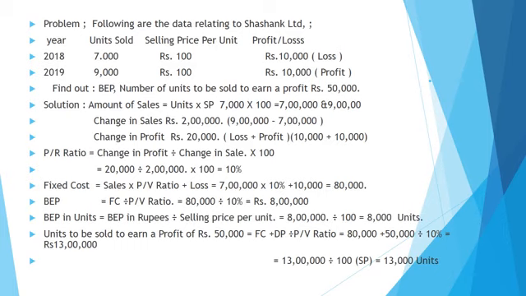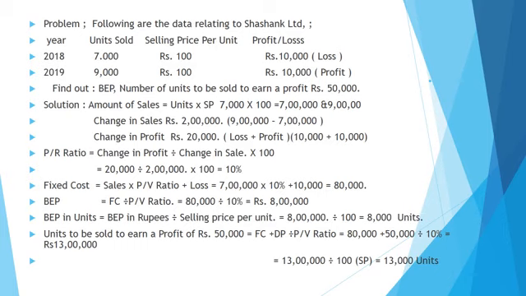Year 2018, units sold 7,000, selling price per unit rupees 100, rupees 10,000 loss. Year 2019, units sold 9,000, selling price per unit rupees 100, rupees 10,000 profit. Find out BEP and number of units to be sold to earn a profit of rupees 50,000.